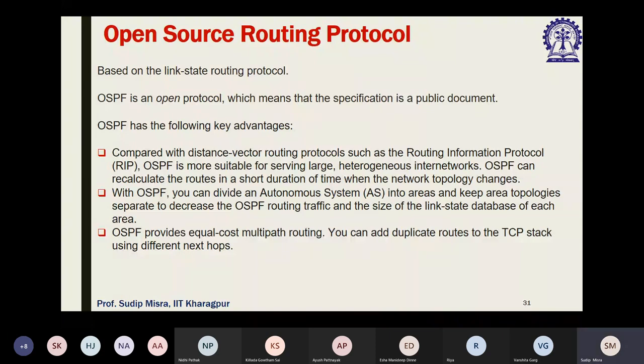And if R2 is still not accessible, and accessible means that it is not responding, no response, then what happens?